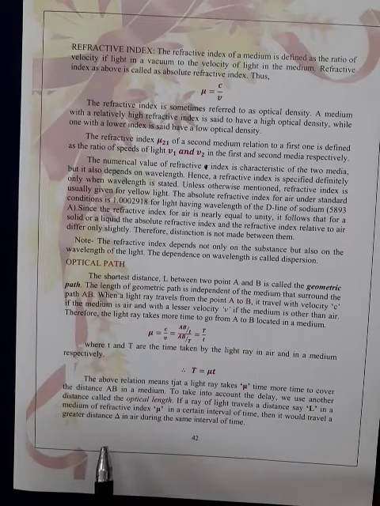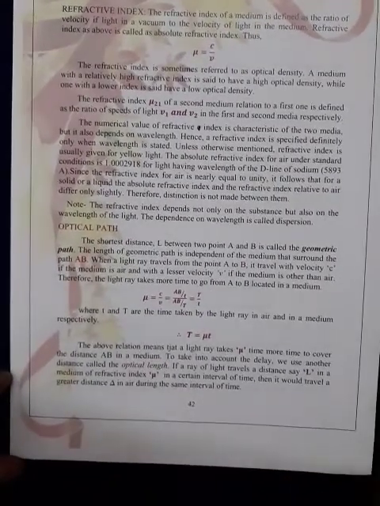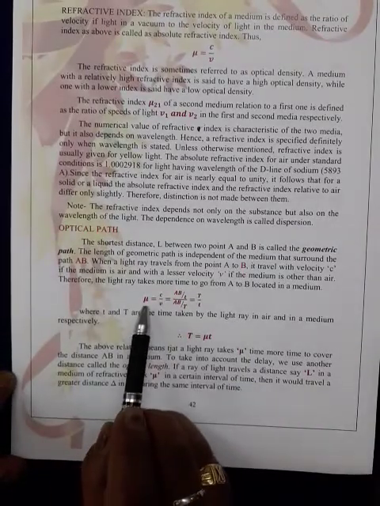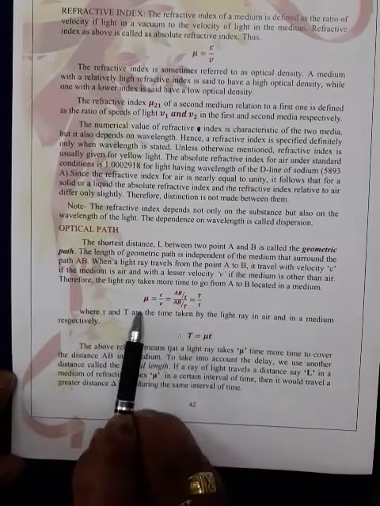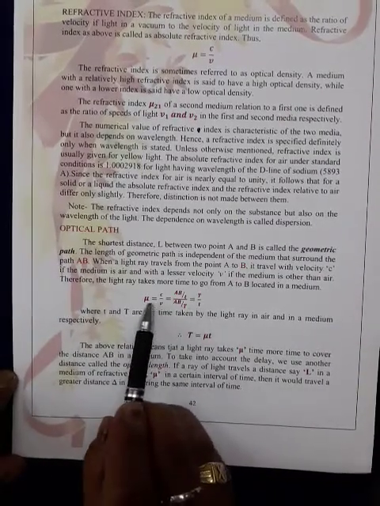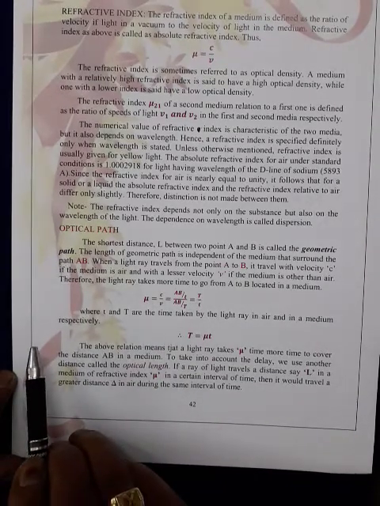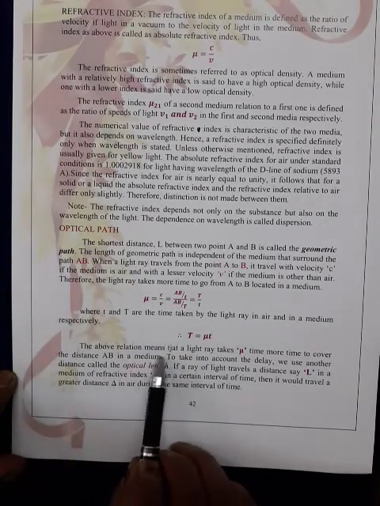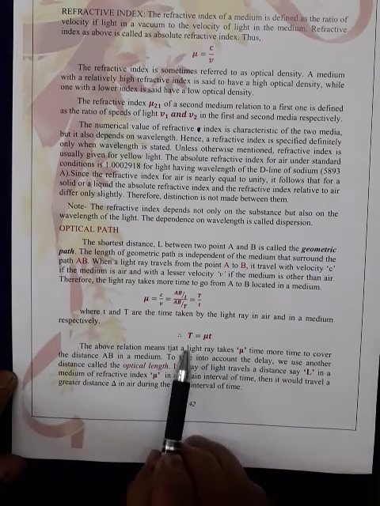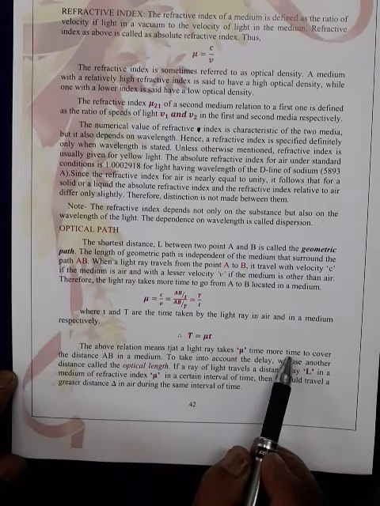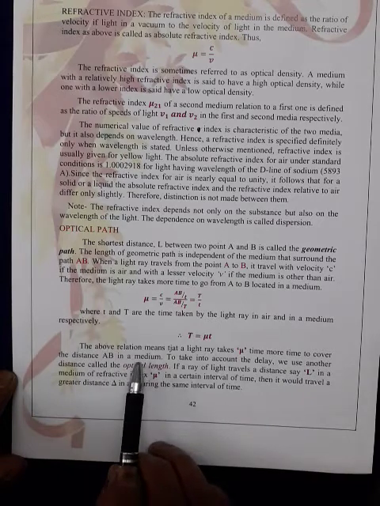you can rearrange the equation: mu equal to capital T by small t. Then by cross multiplying, mu t equals T. The above relation means that a light ray takes mu times more time to cover the distance AB in the medium.